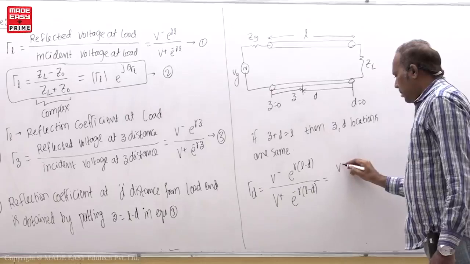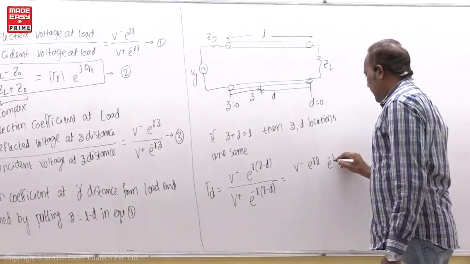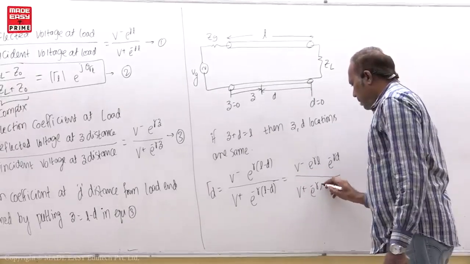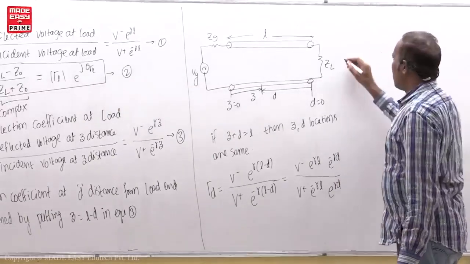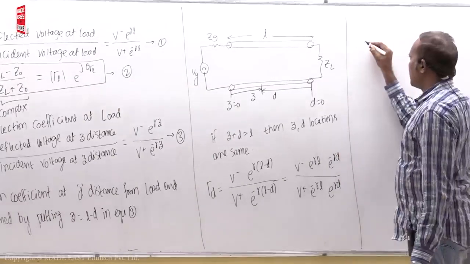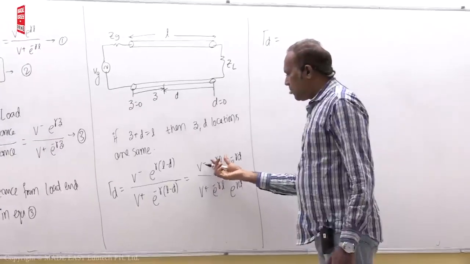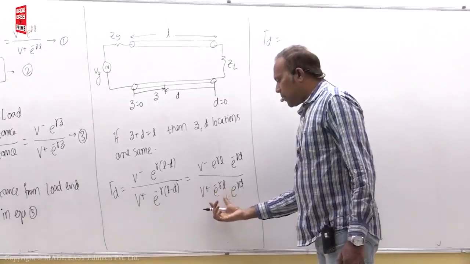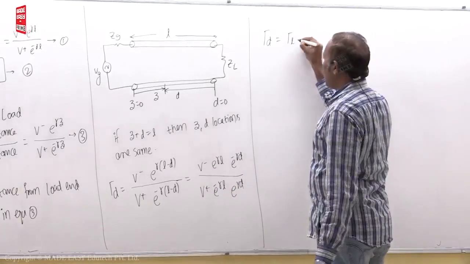Now V minus e power gamma L and e power minus gamma D, divided by V plus e power minus gamma L, then e power plus gamma D. So ultimately this becomes gamma D is equal to V minus e power gamma L, that is the reflected voltage at load, over V plus e power minus gamma L, the incident voltage at load. That ratio is actually the reflection coefficient at load.